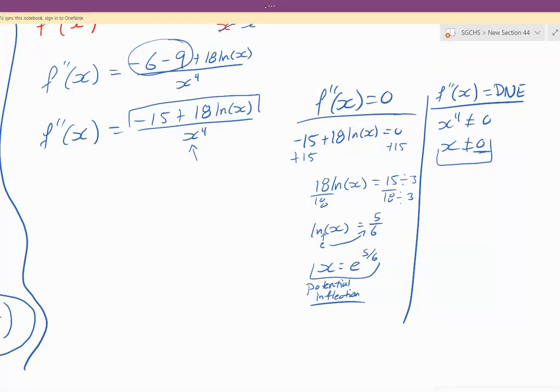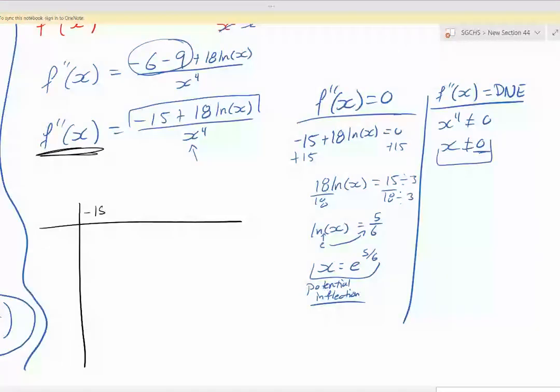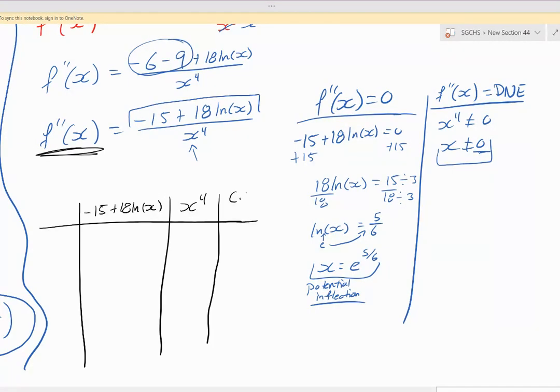Now we can draw our table. Remember, I'm splitting into terms that will affect the positive or negative of my second derivative. So negative 15 plus 18 ln of x acts as one term, and that's dividing x to the power of 4. And now this is concave up or concave down.